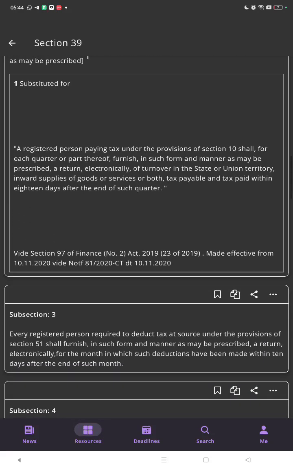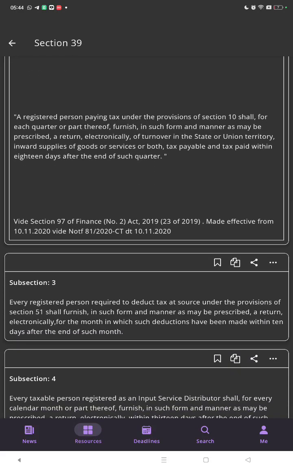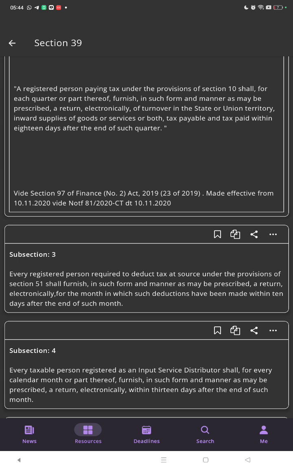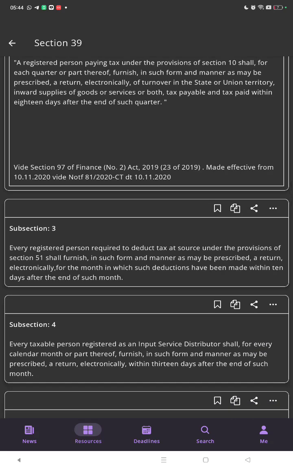A registered person paying the tax under the provisions of section 10 shall, for each quarter or part thereof, furnish in such form and manner as may be prescribed a return electronically of the turnover in the State or Union Territory, inward supplies of goods or services or both, tax payable and tax paid within 18 days after the end of each such quarter.